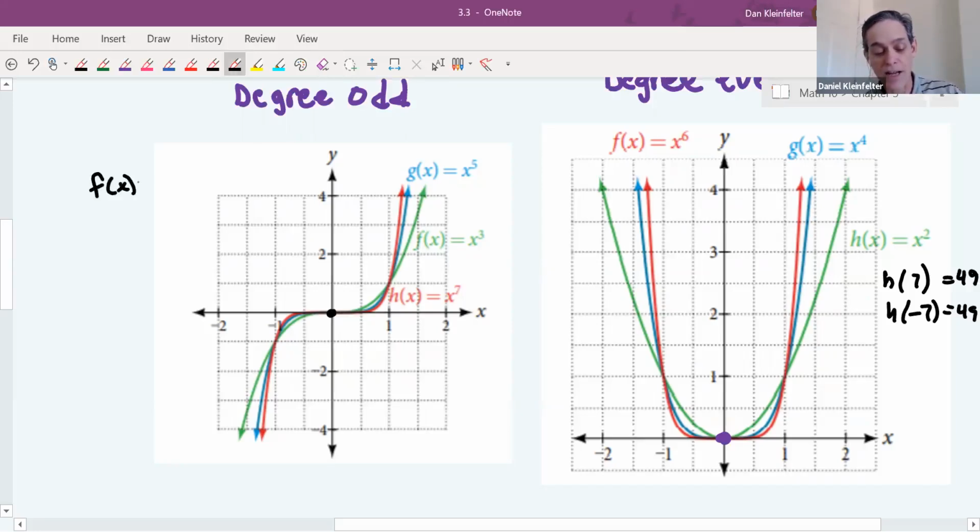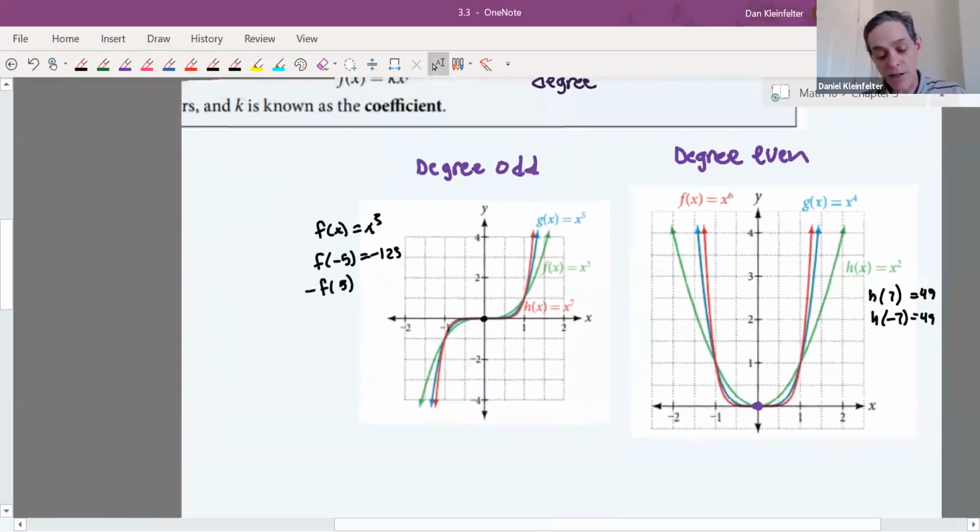So here f of x is x cubed. We know that f of negative 5 is negative 125, and that's the opposite of f of positive 5. Okay, and so these are all odd functions, of which that just illustrated one of them. They have 180-degree rotational symmetry.